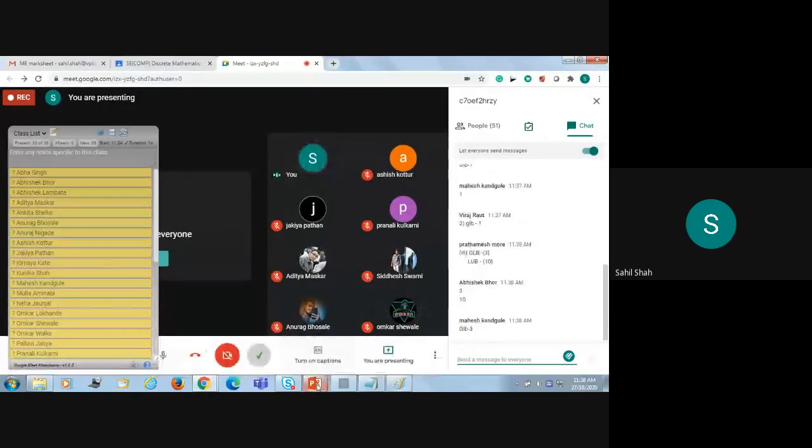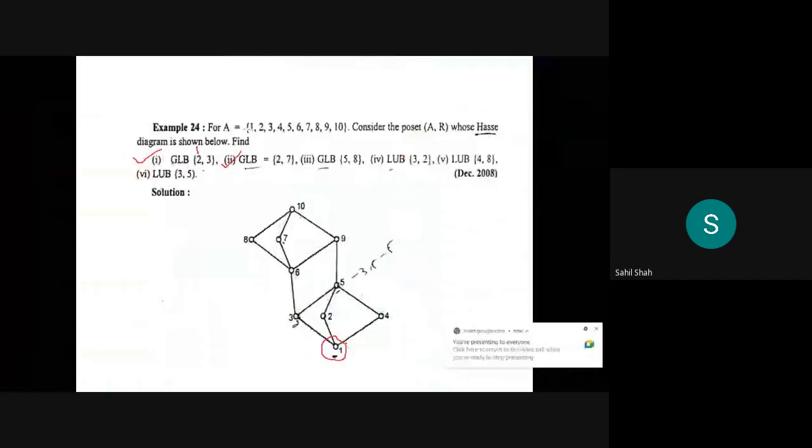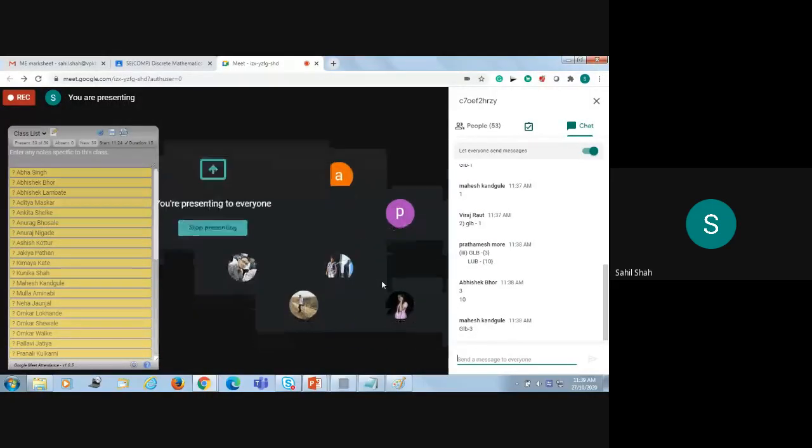That means you are understanding what is ongoing. Mahesh? Yes, the greatest lower bound is 3. Very nice. And what is the least upper bound of 5, 8?